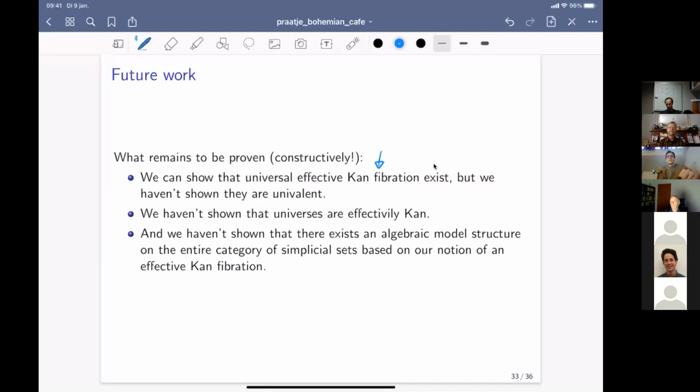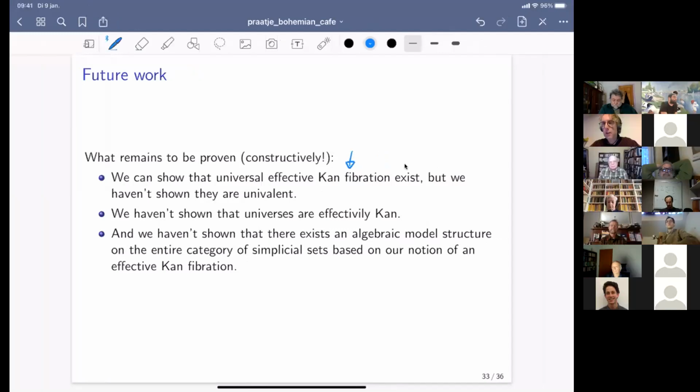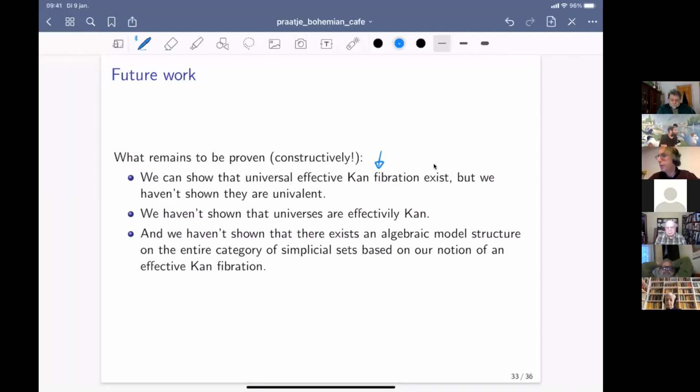And it's also not required in an algebraic factorization that the right maps are closed under retracts. We're hoping that some of the constructions, like the proof of the univalence axiom and the theory of the universe, don't really require these maps to be closed under retracts.